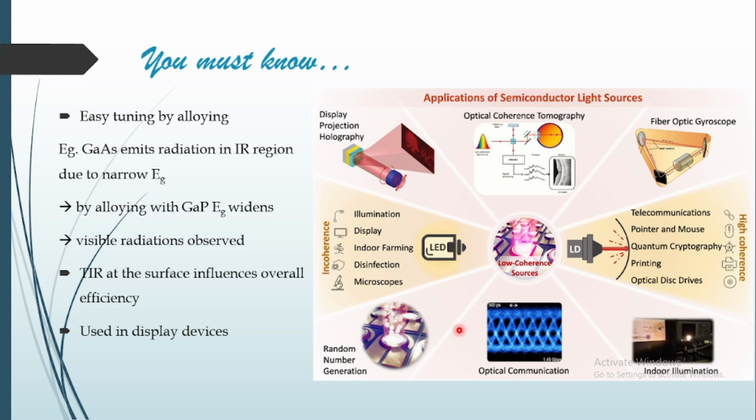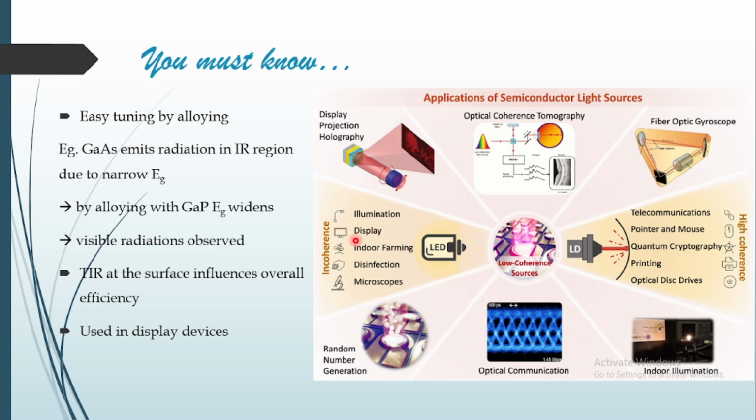The list you can observe here and it is evident in our day-to-day life also. So for illumination, display, indoor farming, disinfection, microscopes, for different types of applications, different types of semiconductors are used.